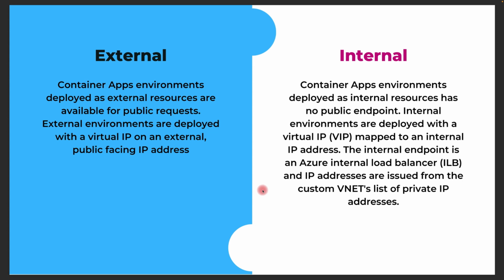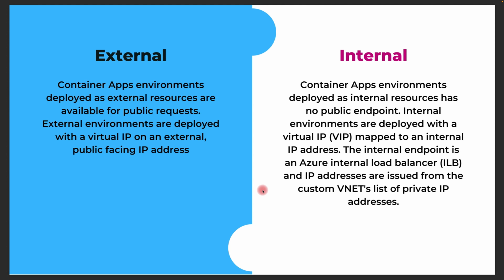On the other hand, an internal Container Apps environment is deployed as an internal resource and has no public endpoint. Internal environments are deployed with a virtual IP mapped to an internal IP address. The internal endpoint is an Azure Internal Load Balancer, and IP addresses are issued from the custom VNet list of private IP addresses.